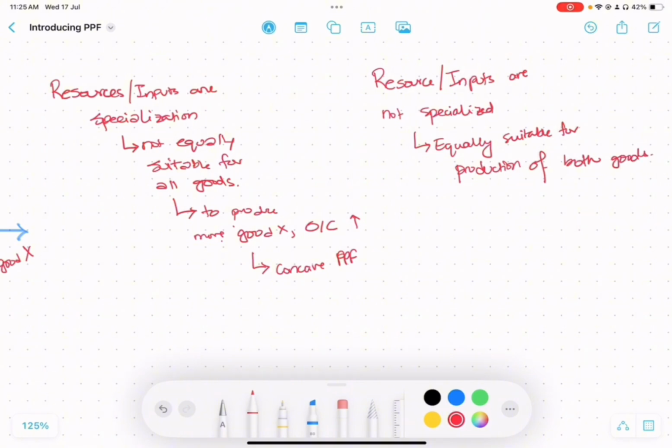If they're equally suitable, what does that mean? To produce one more X, you give up 1 unit of Y, right? So every single time to produce one more X, you give up 1 unit of Y. Essentially, your opportunity cost is unchanged. Don't confuse this with opportunity cost zero. It just means opportunity cost is unchanged or always the same.